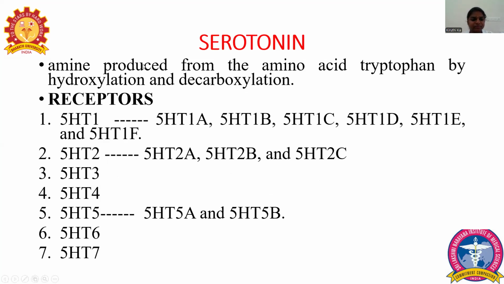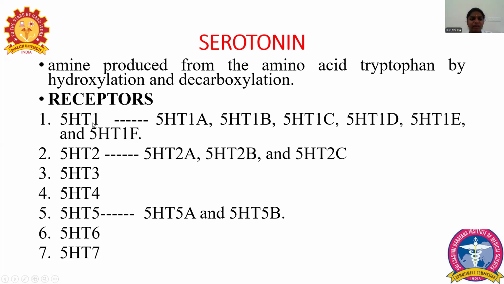And next, serotonin. Serotonin is also a neurotransmitter. It is an amine produced from the amino acid tryptophan by hydroxylation and decarboxylation. It is also called 5-HT, where HT means 5-hydroxytryptamine. It acts through seven receptors named 5-HT1, 5-HT2, 5-HT3, 5-HT4, 5-HT5, 5-HT6, and 5-HT7.